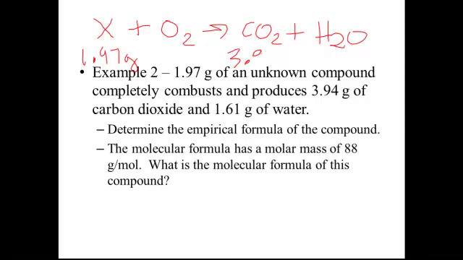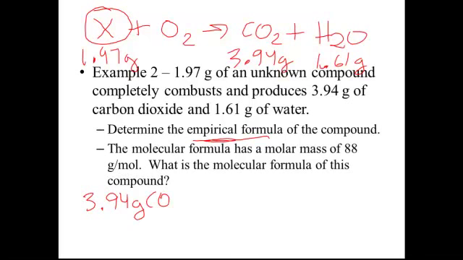We've got 3.94 grams of CO2 and 1.61 grams of water. So first thing we want to do is figure out the empirical formula of this unknown compound. We want to know what's the formula of that thing. So we're going to take our 3.94 grams of CO2 and we want to figure out how much of that is actually just carbon.